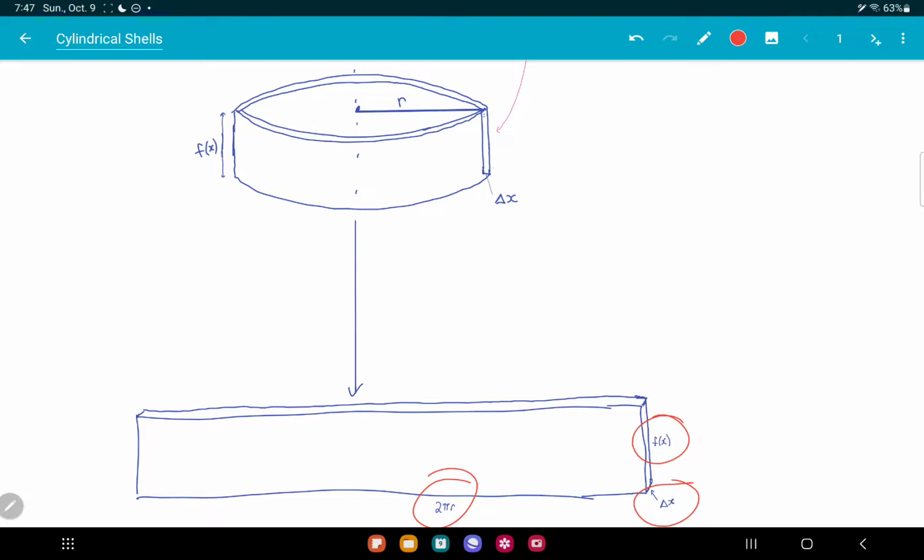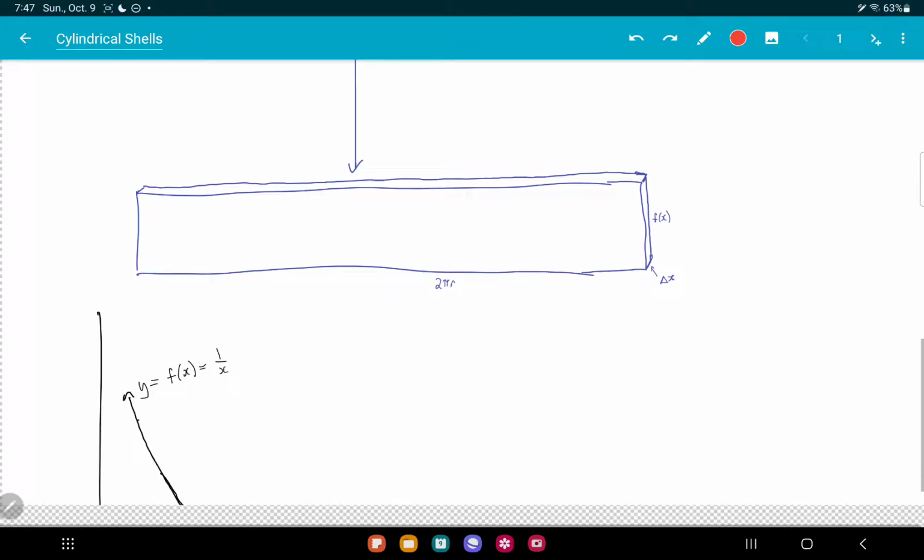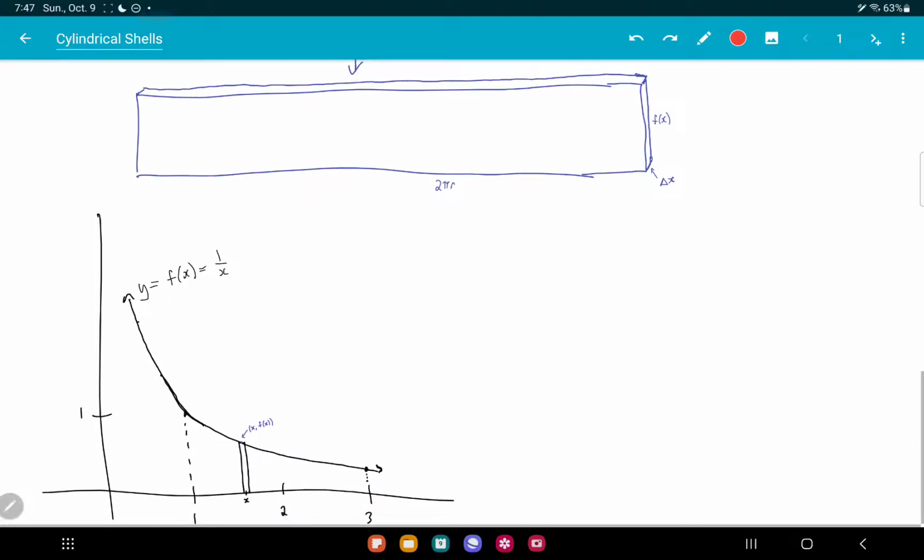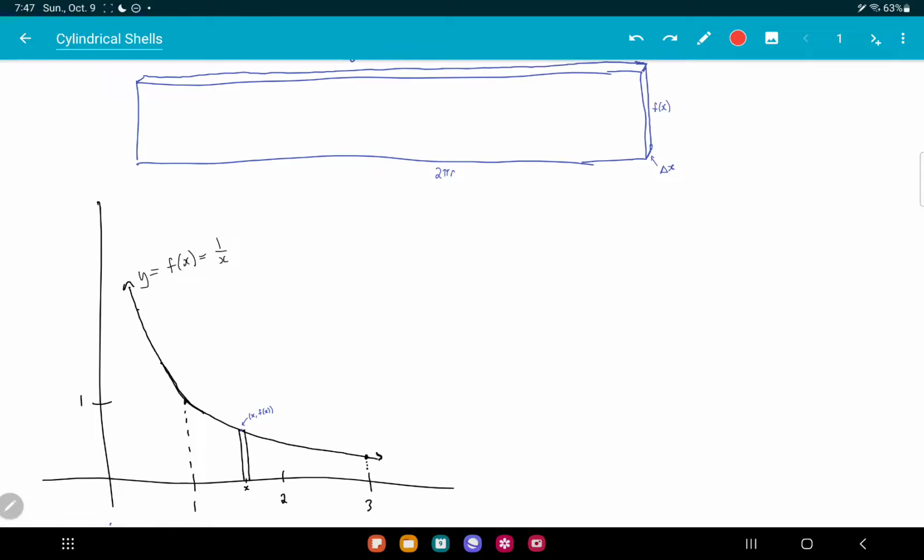Now you'll remember that f of x is the function we're talking about. So I've copied here the original picture. So remember, we've taken this rectangle, we have rotated it around the y-axis, and we obtained a cylindrical shell, which we cut and unfolded to get this rectangle guy up here.